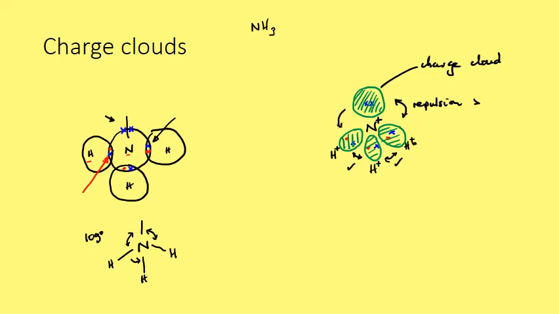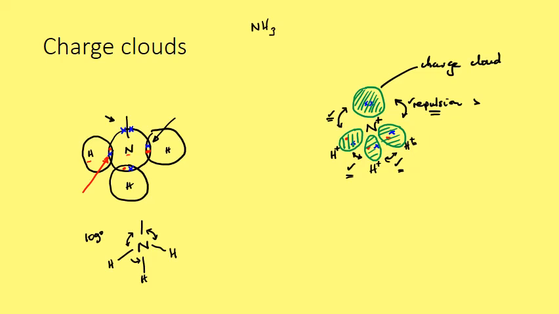But there's going to be more repulsion here and here than there is between here and here. So that distorts the bond angle, and that's why I drew the hydrogen atoms not at right angles like in the first diagram.